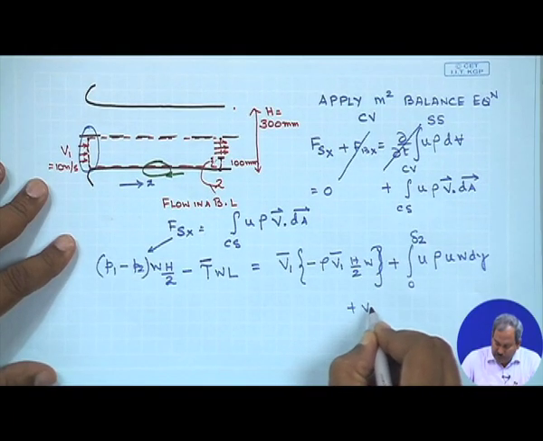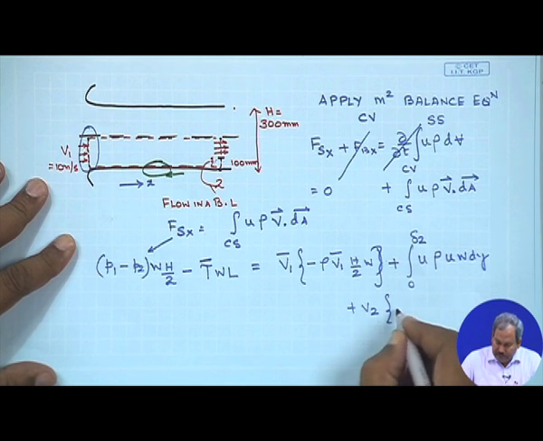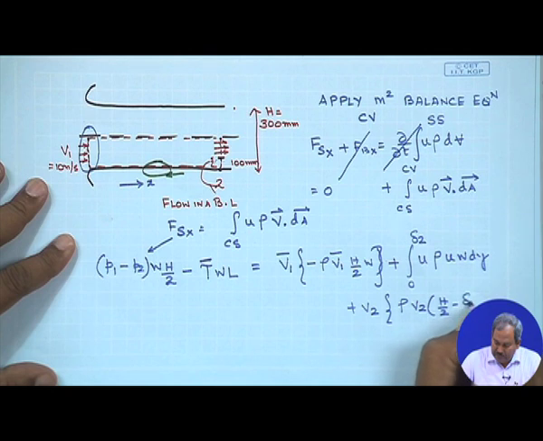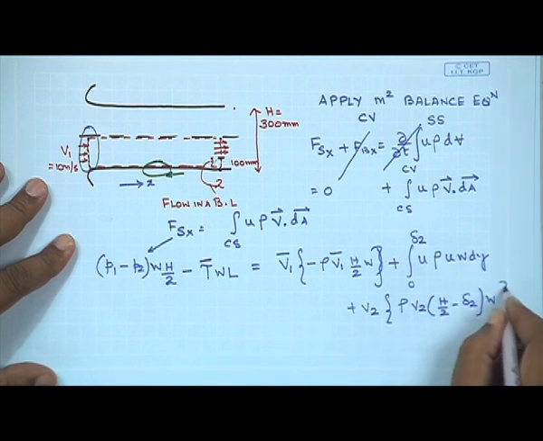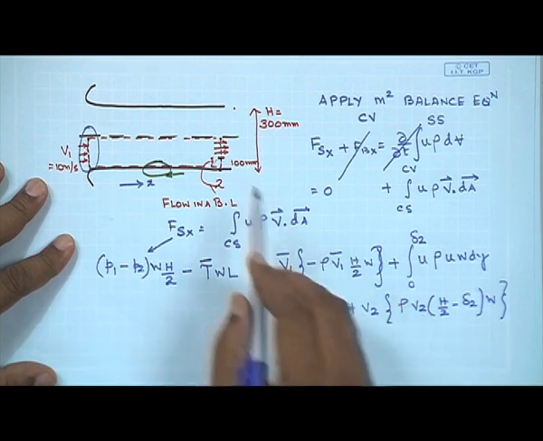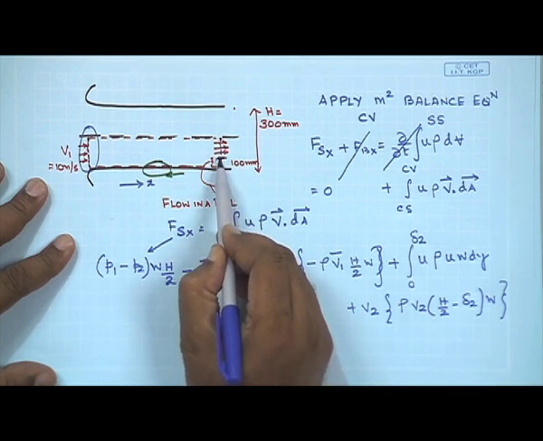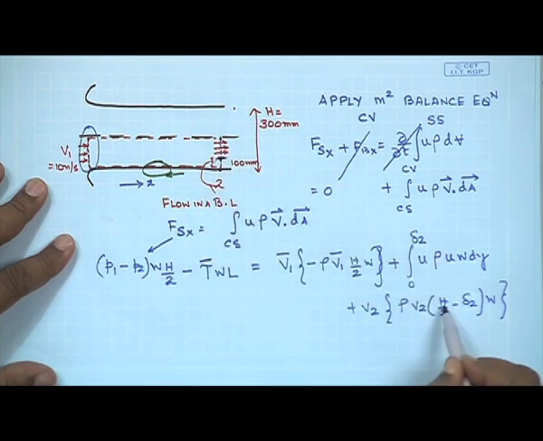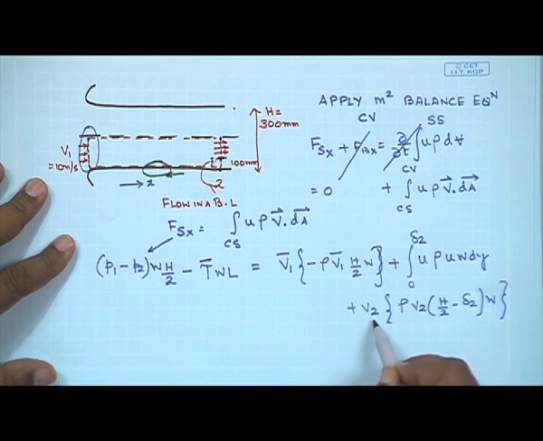The second part would be V2 and then rho V2 h by 2 minus delta 2 times W. So if you look at this part, this entire thing inside the bracket gives you the mass flow rate out of this portion, that is from 100 millimeter all the way to 150 millimeter, from h by 2 minus delta 2, that's the thickness through which the air is moving with a constant velocity equal to V2.